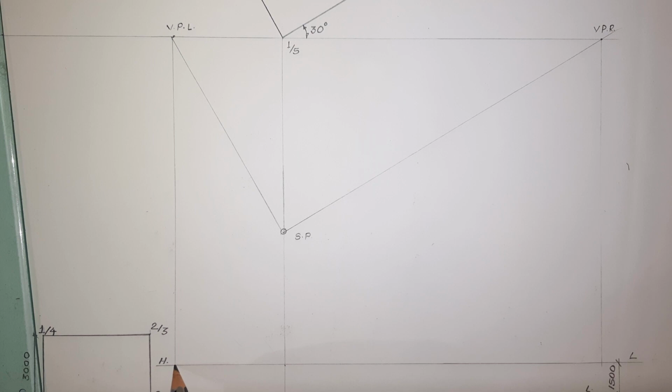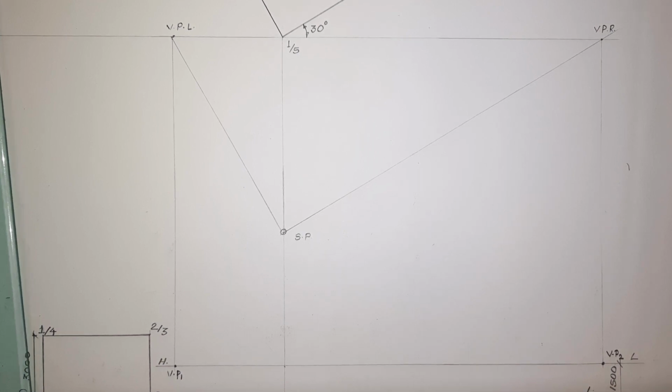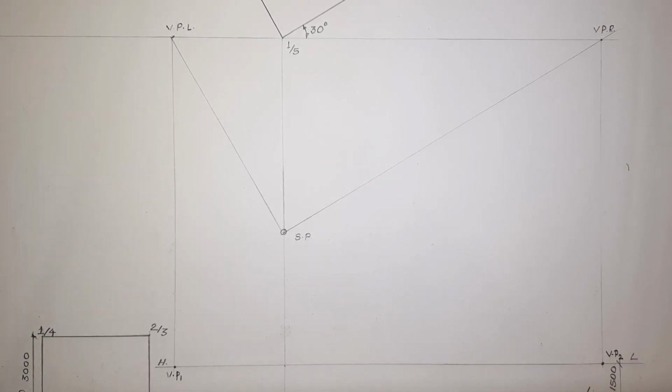Thus, this is vanishing point number 1 and this is vanishing point number 2. After this, we will be starting drawing the perspective view.